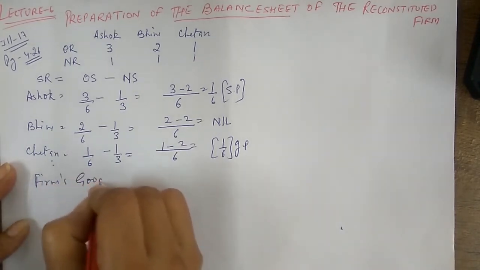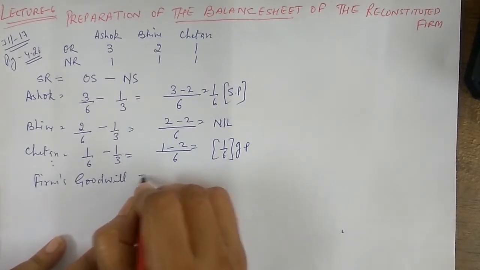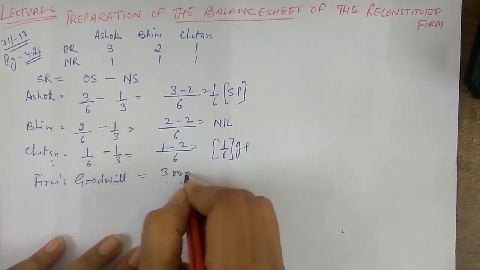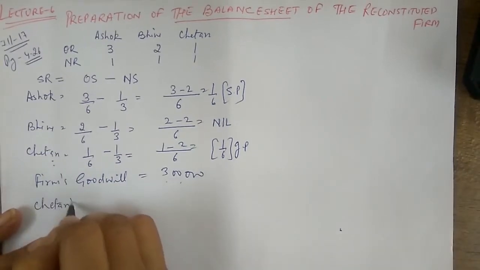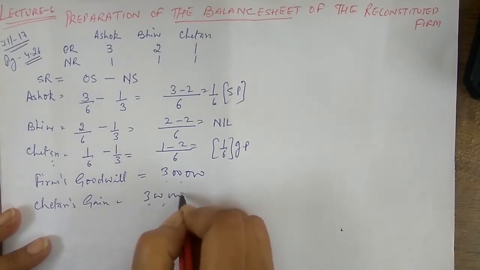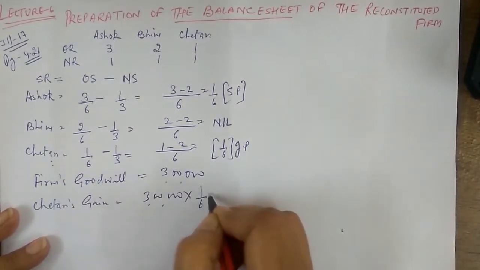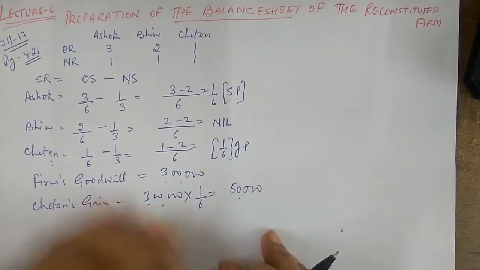Firm's goodwill, it is given 3 lakh. What is the next step? Chetan's gain in it, that is 1 by 6. So what is the total gain, bache? It is 50,000.